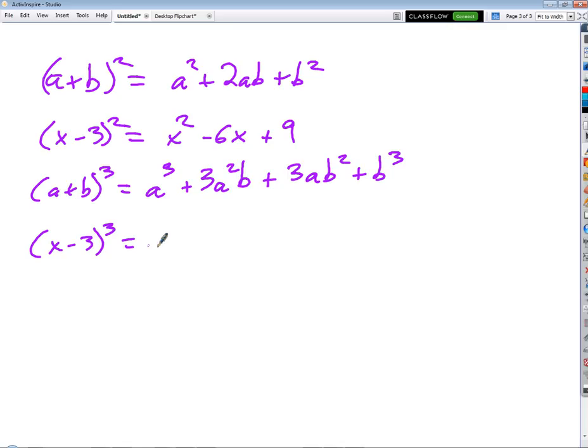X cubed minus 9x squared plus 27x, minus 27. Okay. Everybody could, if you took a minute, negotiate that, right?